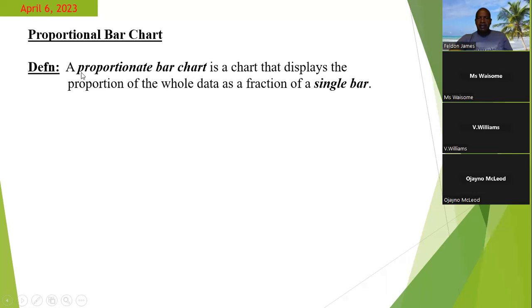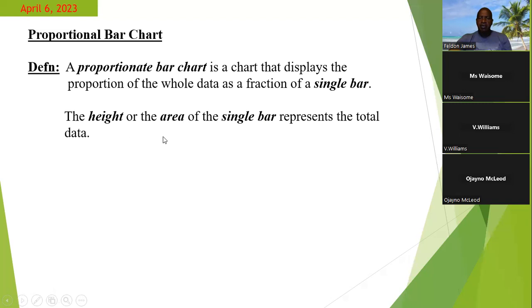So by definition, a proportionate bar chart is a chart that displays the portion of the whole data as a fraction of a single bar. So each portion is represented as a fraction of the single bar.